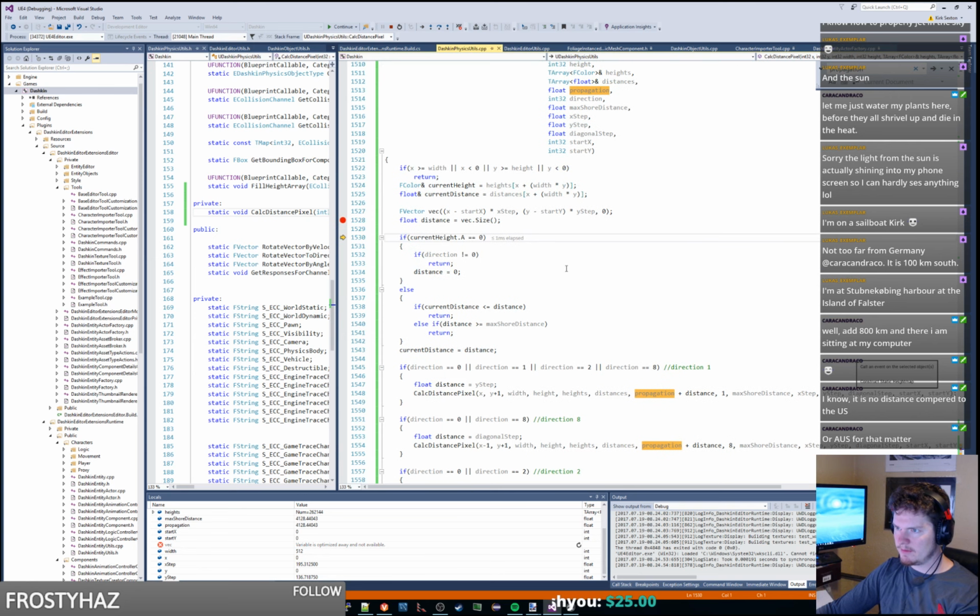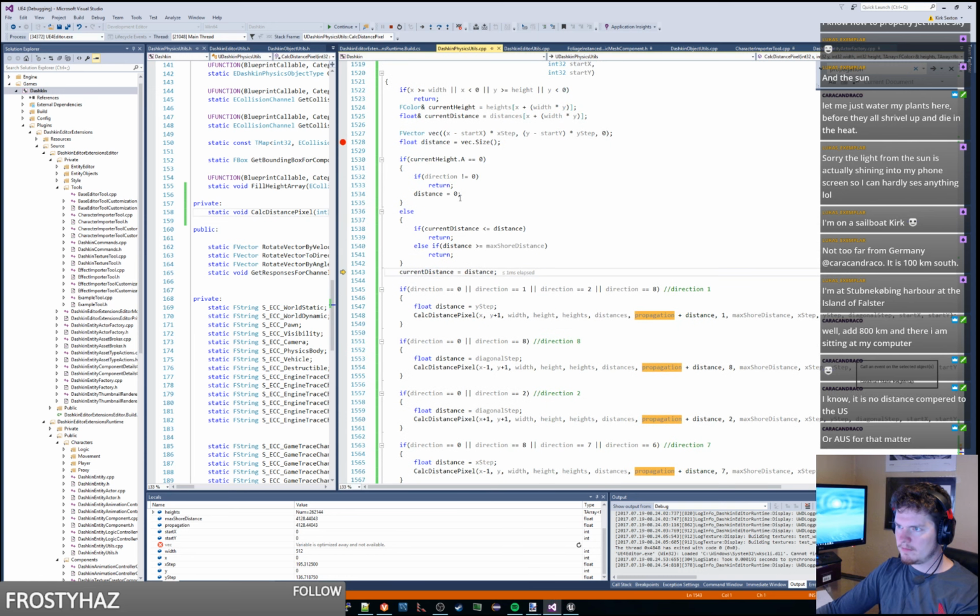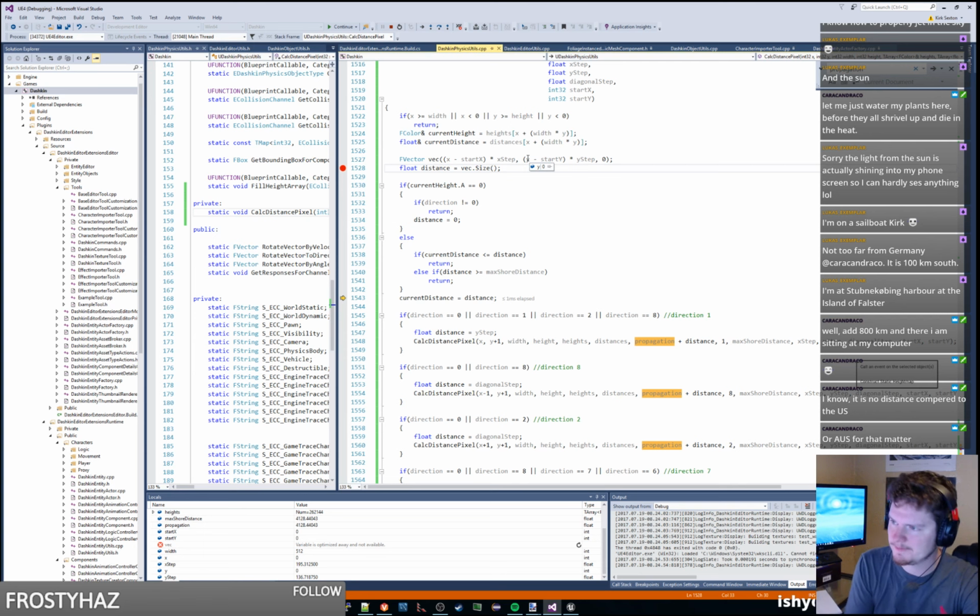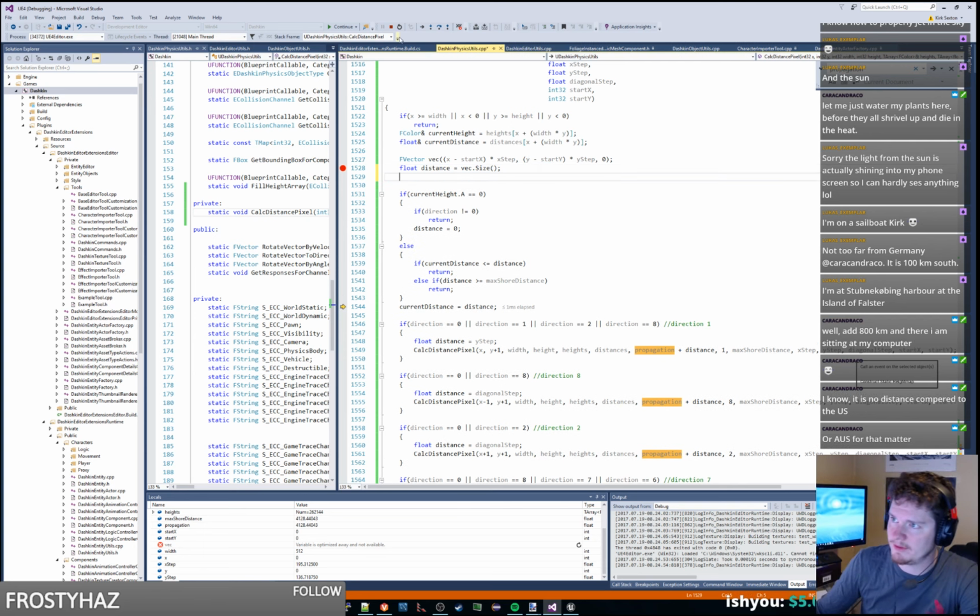So distance is going to be 0. Alright, so basically, yeah, we need to calculate if this pixel actually needs to be searched, is what we need to calculate here.